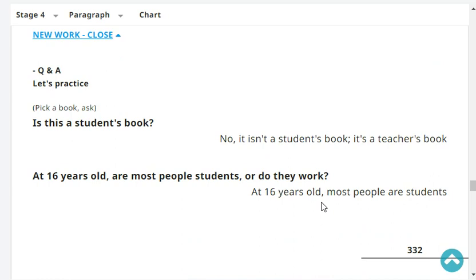Let's practice. Is this a student's book? Yes, it's a student's book. At 16 years old, are most people students or do they work? At 16 years old, most people are students.